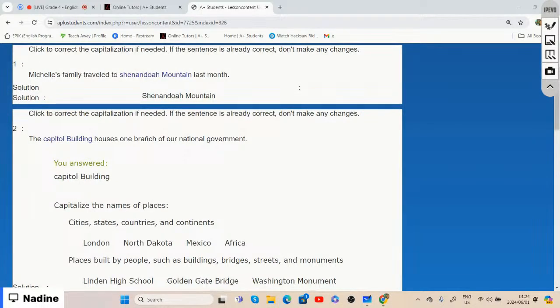All right, so the Capitol building houses one branch of our national government. It says we need to click the correct capitalization if needed. If the sentence is already correct, then don't make any changes. So now we say the Capitol building houses one branch of our national government.